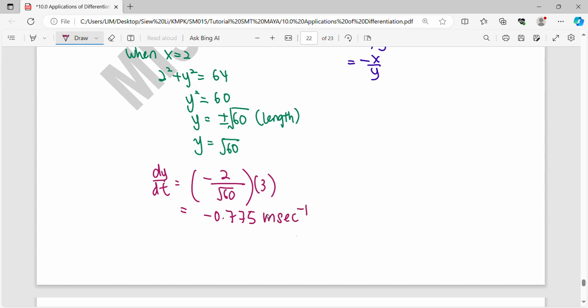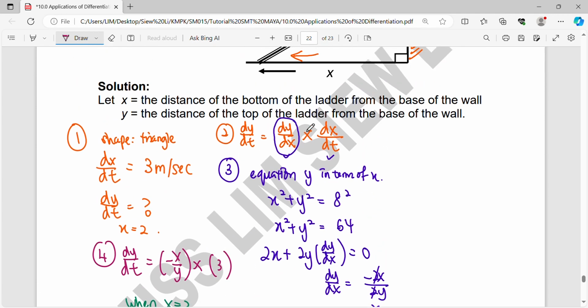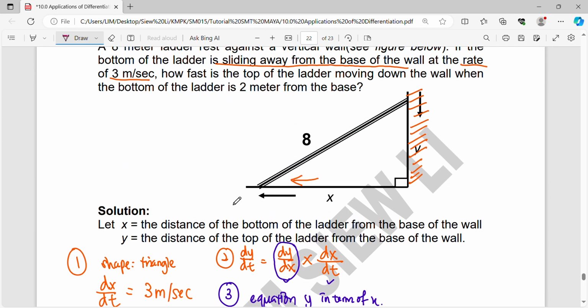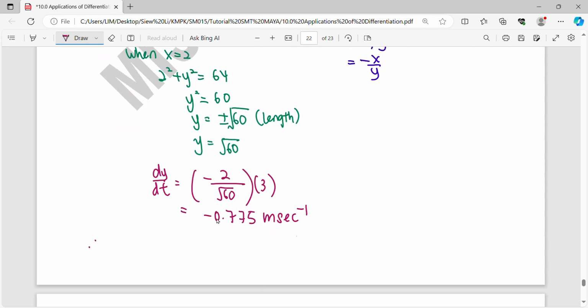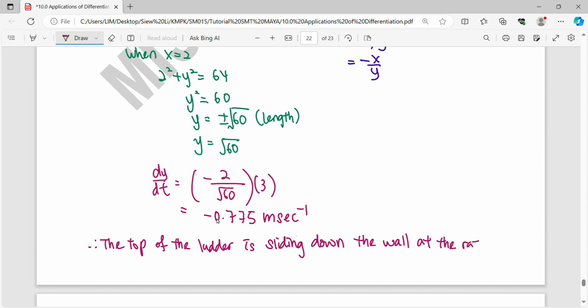When we do our conclusion for this question, the rate here is negative, as we can see. Therefore, the top of the ladder is sliding down. Down already represents the situation of decreasing, sliding down the wall at the rate of 0.775 meters per second.